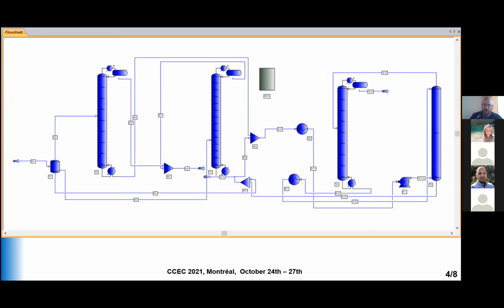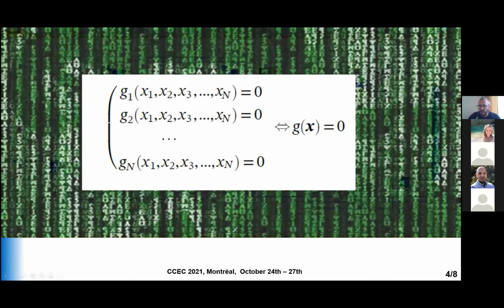But what happens when we generate the flow sheet in the simulator? Well, from a stream to a reactive distillation unit with multiple outstreams, the system builds a system of nonlinear equations that the simulation needs to solve.